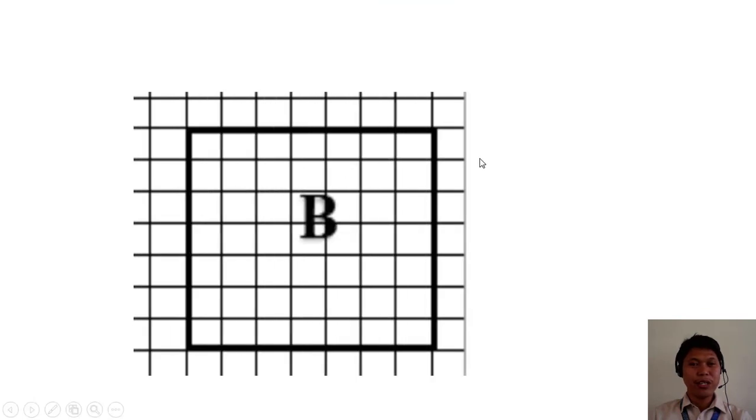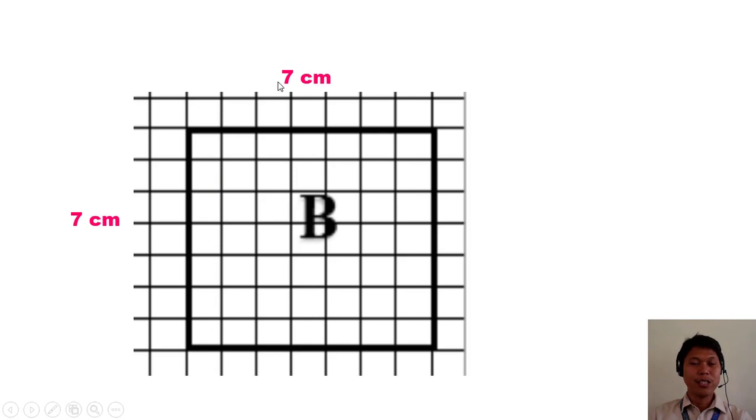How about figure letter B? You can try to answer this one, and then compare your answer with mine. You can pause the video if you need more time. Anyway, we'll be revealing the answer. So we have 1, 2, 3, 4, 5, 6, 7, and 1, 2, 3, 4, 5, 6, 7.